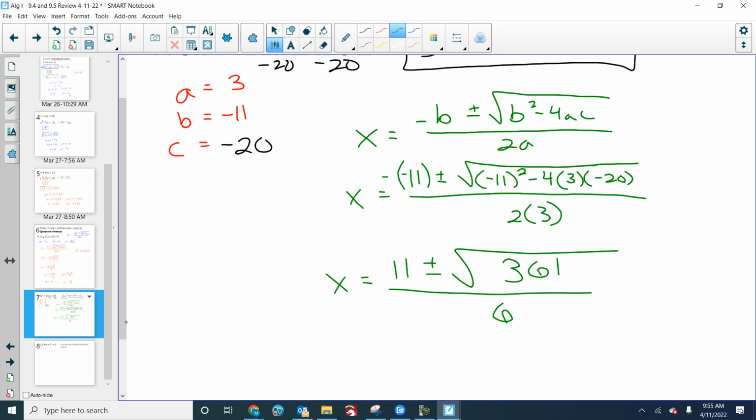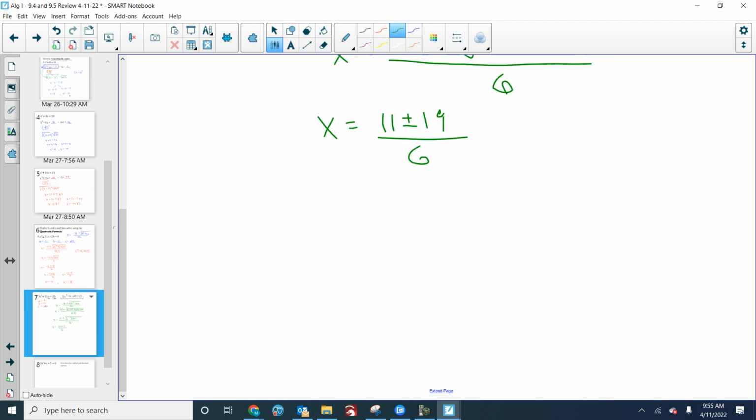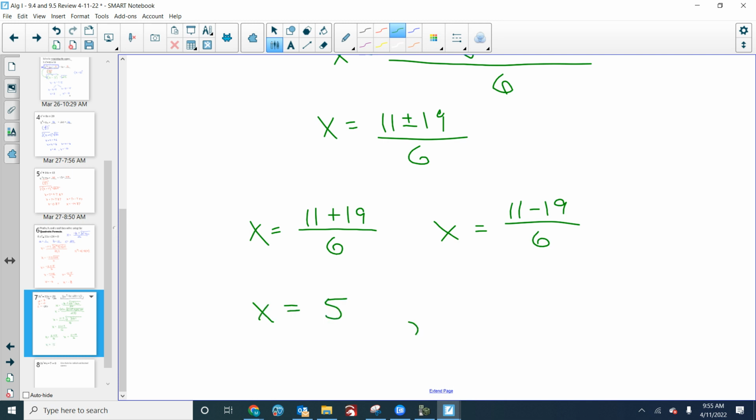X equals 11 plus or minus 19 over 6. X equals 11 plus 19 over 6. X equals 11 minus 19 over 6. Did you get negative 1 1/3? Negative 8 over 6, negative 1.3 repeating? Yep.